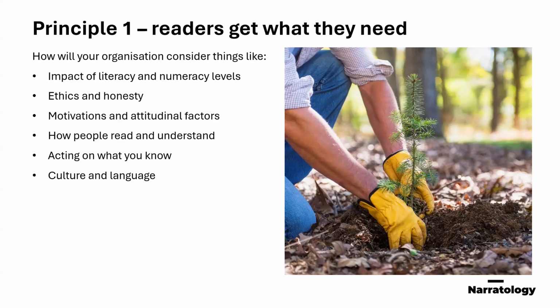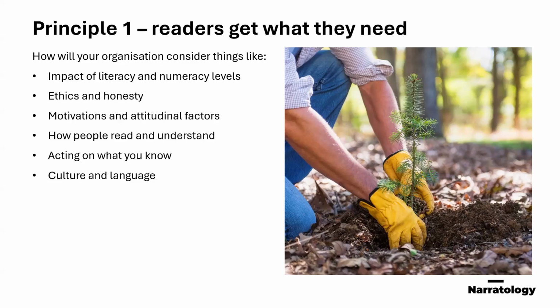So what you have to think about when you're thinking about this concept of relevance is how your organization will consider things like the impact of literacy and numeracy levels. Now, I know quite a few people in this room have heard me before, so I'm not going to do my whole thing about how literacy levels are really misleading. Please don't think everybody in the UK can read as well as a 10-year-old or whatever it's said. It's really misleading.